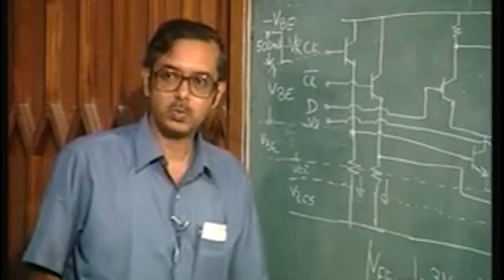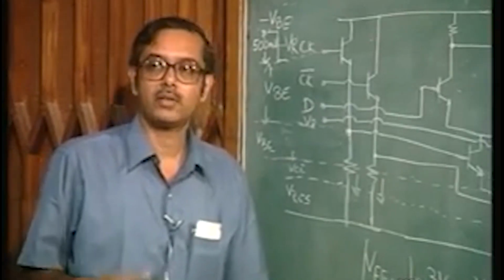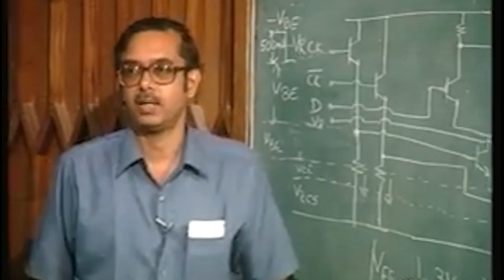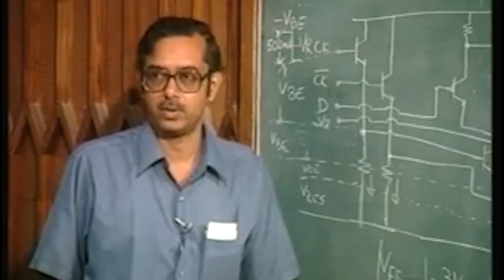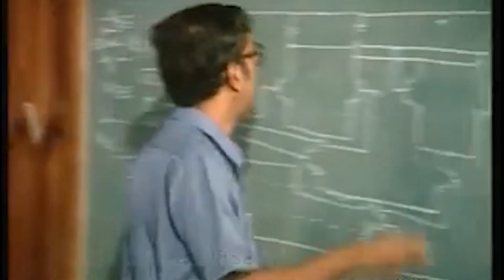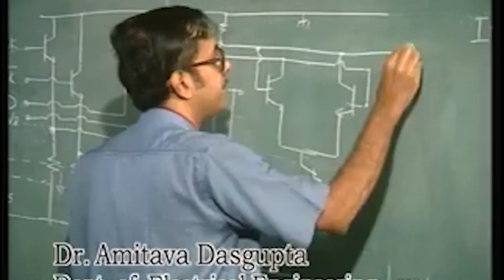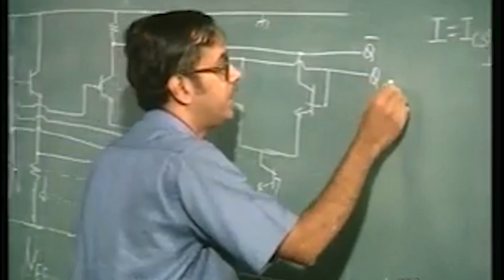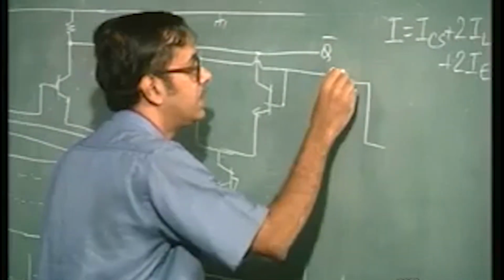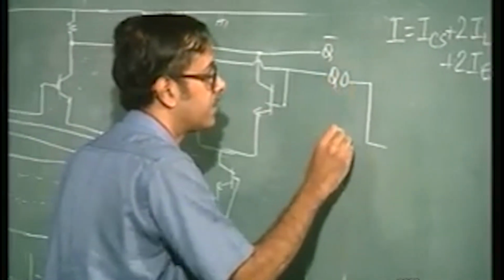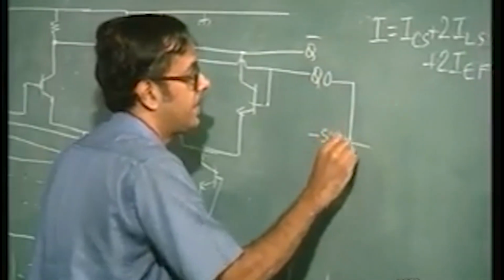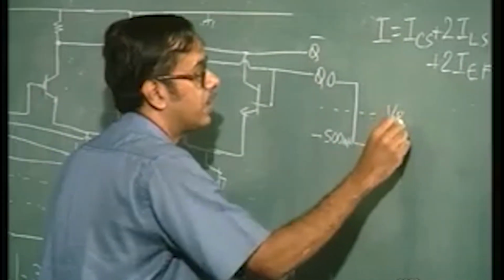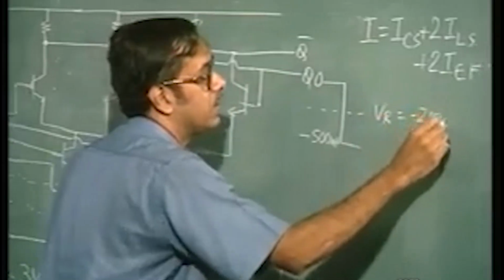That basically the output voltage is no longer varying from minus VBE to minus VBE minus 500 millivolts, but the output voltage, so here this is Q bar and this is Q here. The output voltage variation now is from 0 to minus 500 millivolts, and VR would be centered somewhere, equal to minus 250 millivolts.